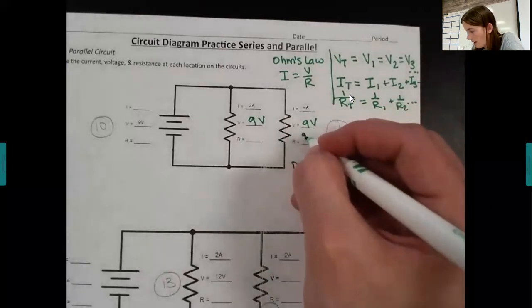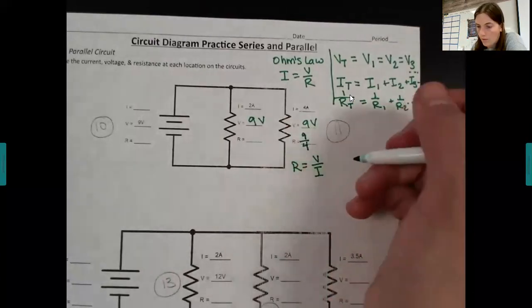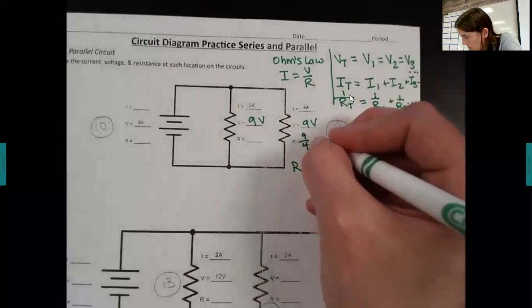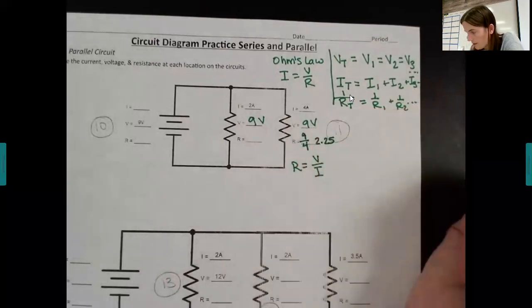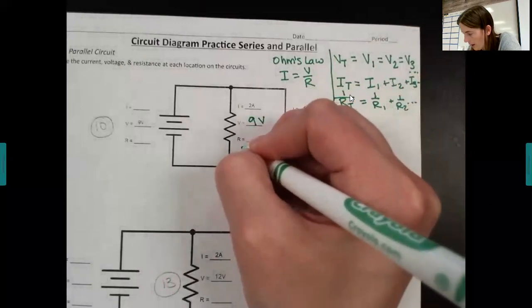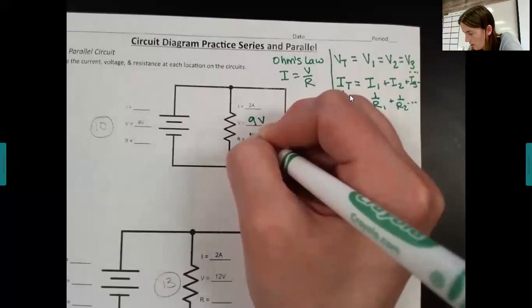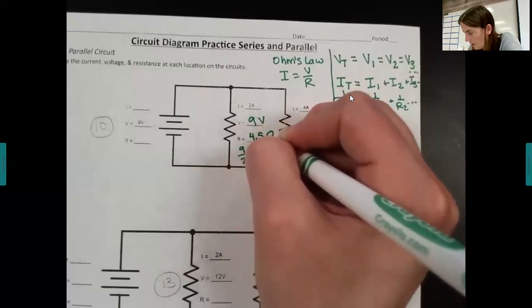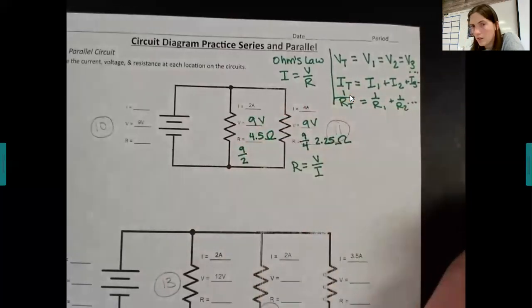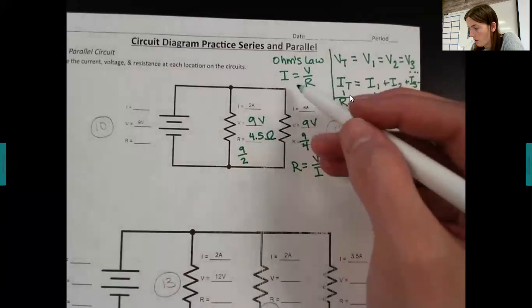So 9 divided by 4 is 2.25. Here we'll have 9 divided by 2, which is 4.5, and the unit should be ohms. So now we've solved for R using Ohm's law.